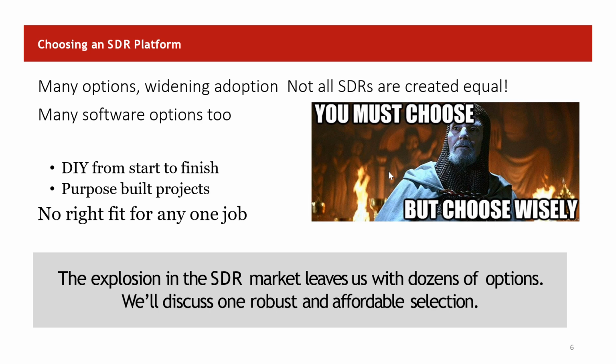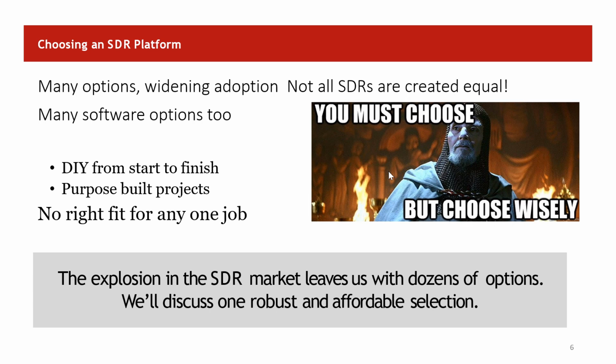In this course, we'll be dealing with RTL SDR majorly. If you want more advanced features, you can go with HackRF or the Lime SDRs, and for an extreme SDR, you can go with the USRP and the BladeRF. These are the popular SDRs available in the market.